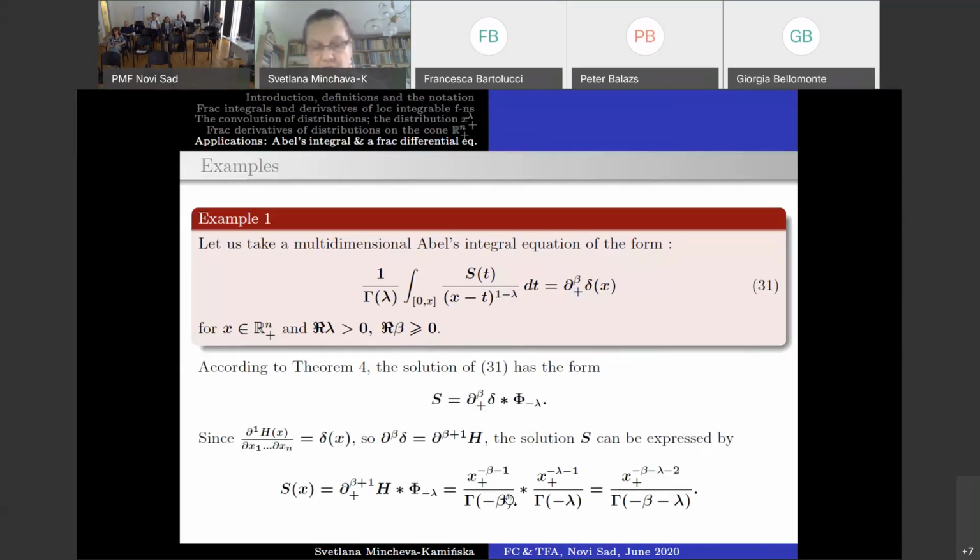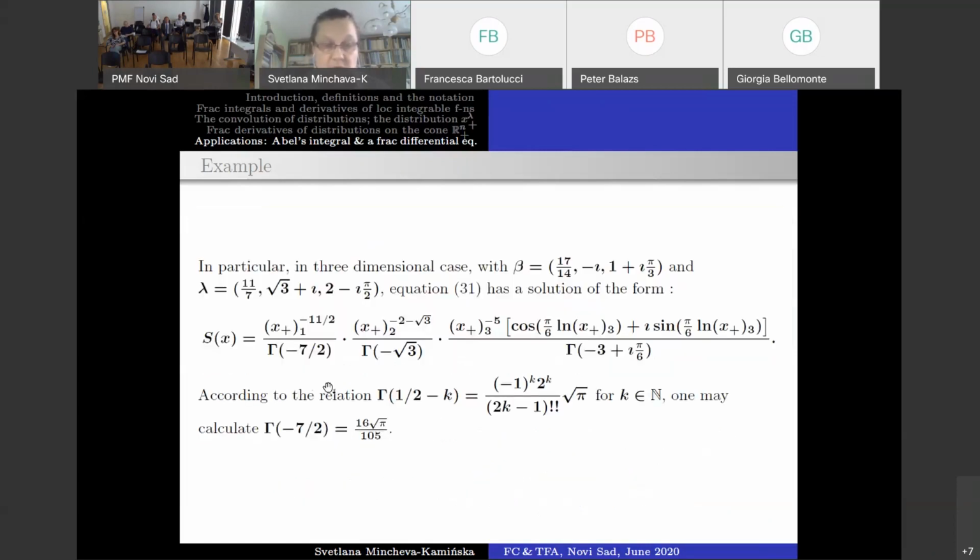And using the example given at the beginning of convolution of two power functions considered as locally integrable functions, we have a solution of this equation of this form. On the next slide, I show a simple example of such a solution for these concrete vectors beta and lambda.